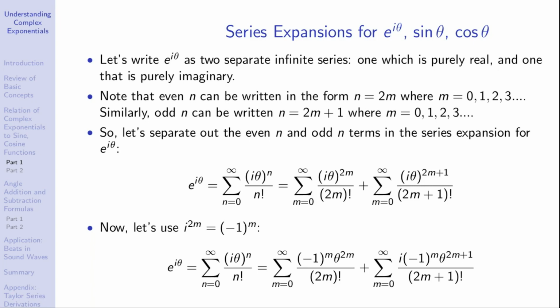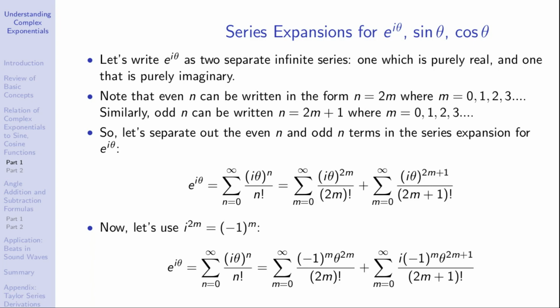So e to the i theta is equal to the sum over n from n equals 0 to infinity of i theta raised to the n power over n factorial. And now we're going to write that as two sums. The first sum is the sum over m from 0 to infinity of i theta raised to the 2m power over 2m factorial.